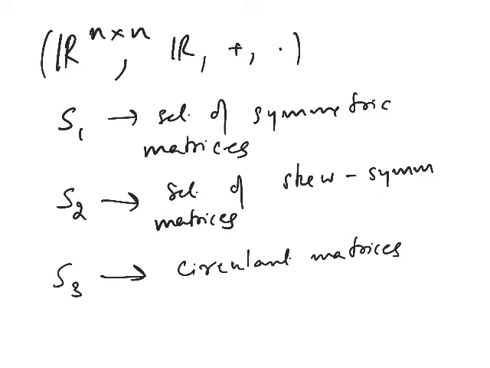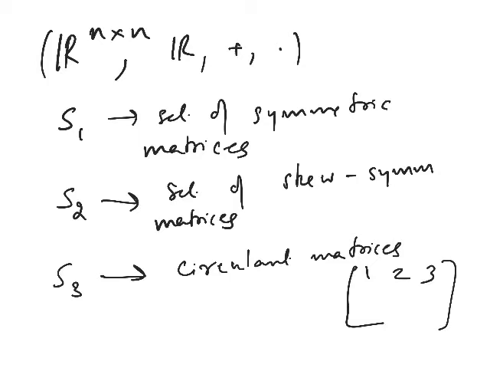Okay, you know what is a symmetric matrix, you know what is a skew symmetric matrix. The last one, maybe some of you are not familiar. Circulant matrix means take the first row, you have some entries, keep rotating it one by one. That will give you the next row. For example, I have 1, 2, 3. This is my first row. The second row is obtained by rotating the first one by 1, right?